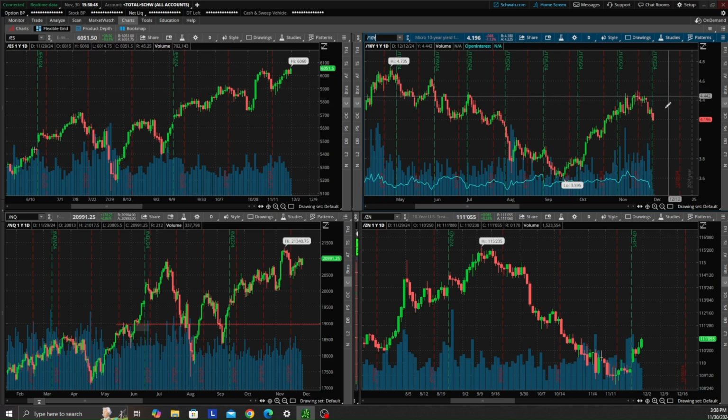Now they're starting to come down. The yields are starting to come down. And of course, from what we learned earlier, the prices are starting to come up. So what does that mean? That means people are now moving money out of stocks and into bonds, right?